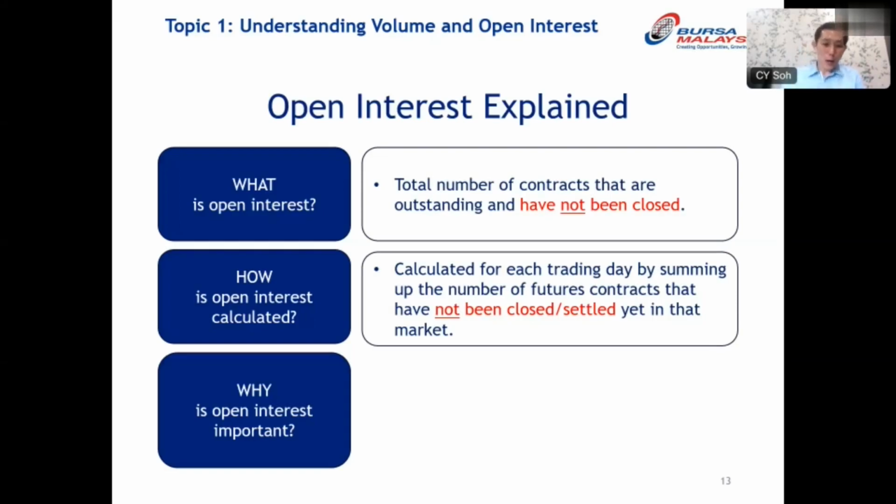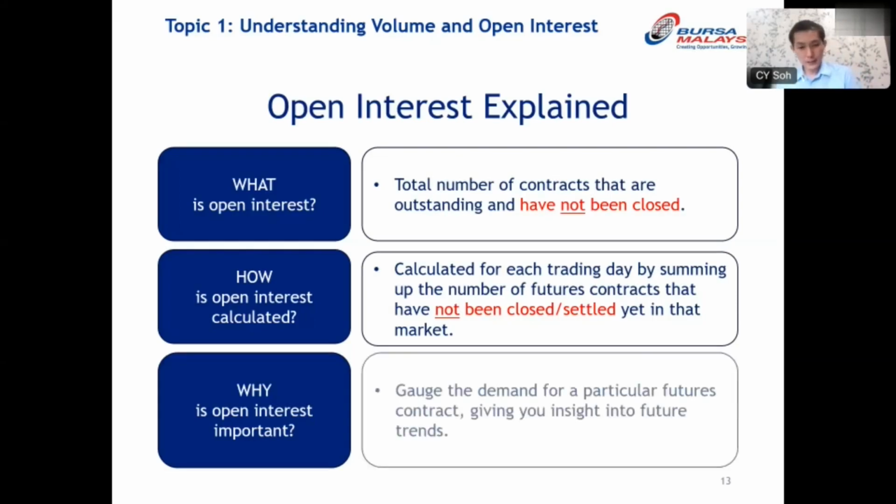So why is open interest important? It gives you information about traders' participation in the market. Later on I will explain in detail in the next topic, because when it comes to futures trading, volume will only keep increasing. So at the end of the day, you're not quite sure how many people are actually holding the contract.